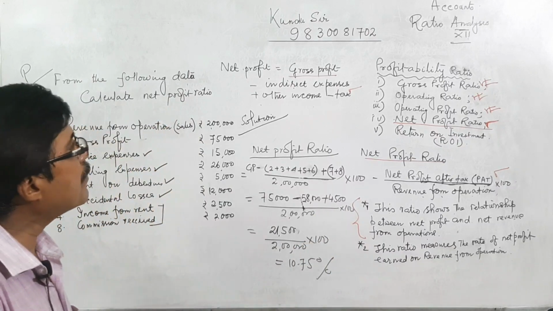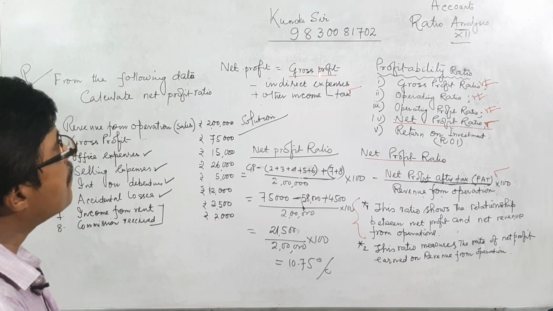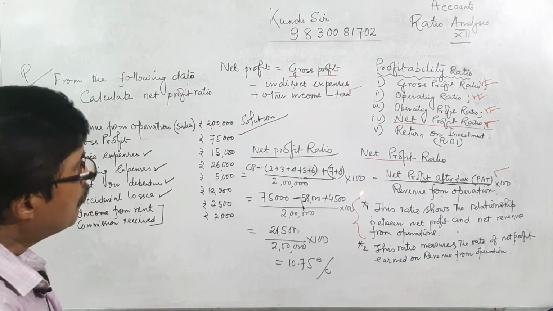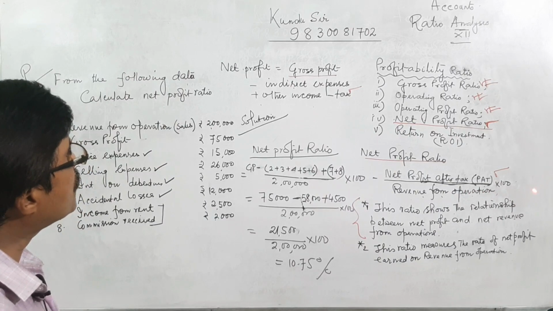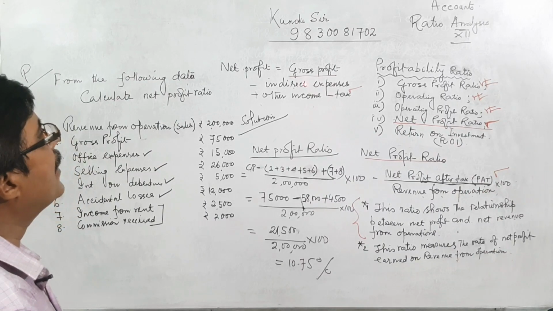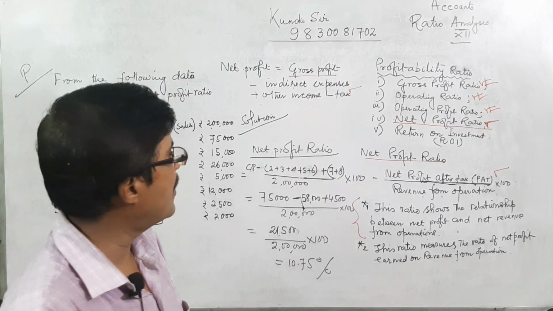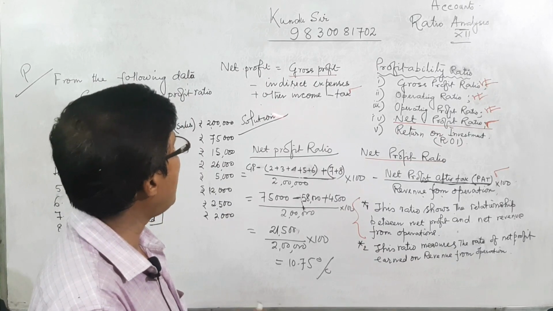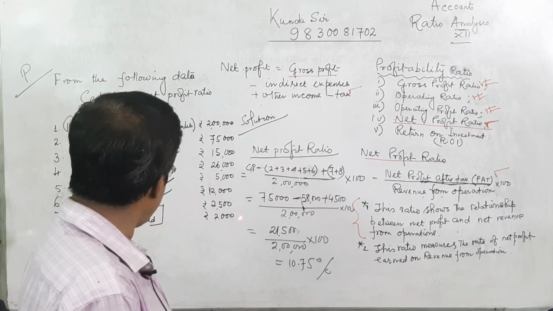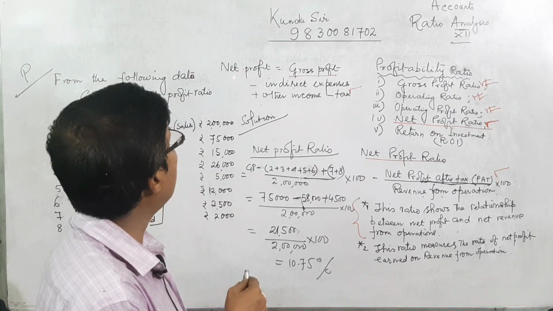From revenue from operation, if we deduct cost of goods sold, we get gross profit. From the gross profit, you deduct indirect expenses and add other income, which is not profit from operation, such as income from rent and commission. Then minus tax, we get net profit.